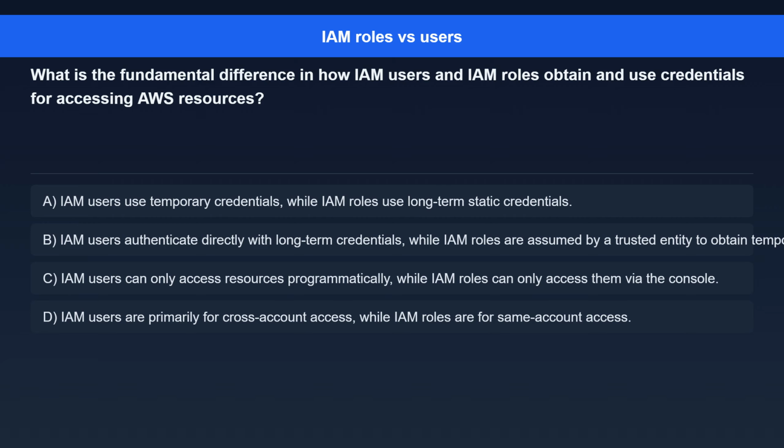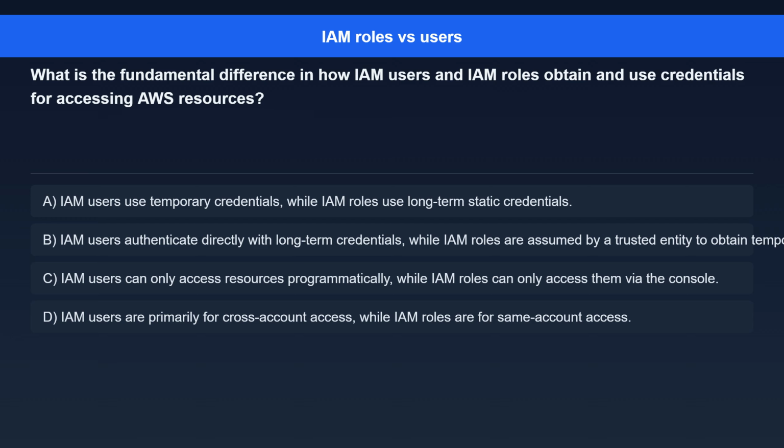Question 4. What is the fundamental difference in how IAM users and IAM roles obtain and use credentials for accessing AWS resources? Option A. IAM users use temporary credentials, while IAM roles use long-term static credentials.